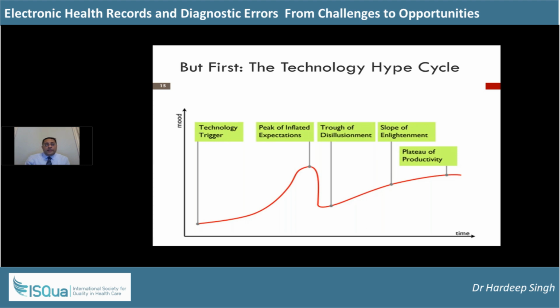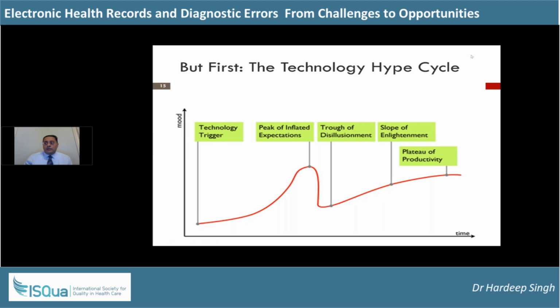So I can safely say that many people in the US would feel that we're right now in the trough of disillusionment, but many health systems are now slowly climbing up to that slope of enlightenment, including the ones that I'm working at the VA, where we're sort of at the plateau of productivity. We've gone through some of these challenges, but many health systems are sort of going through some of the challenges.